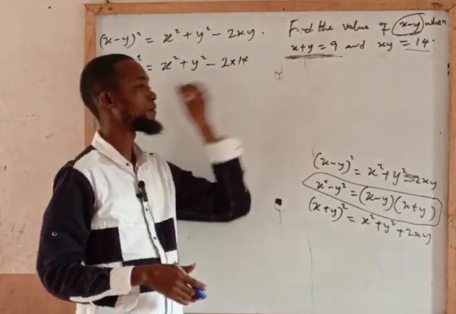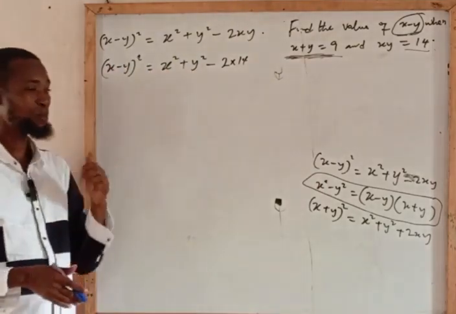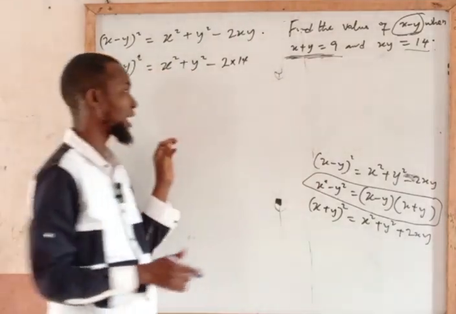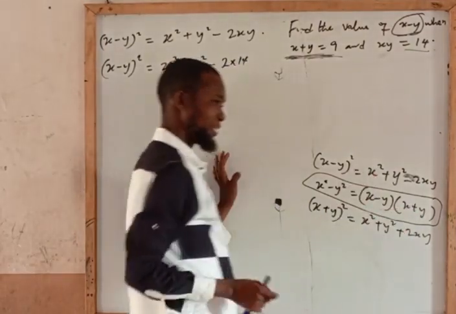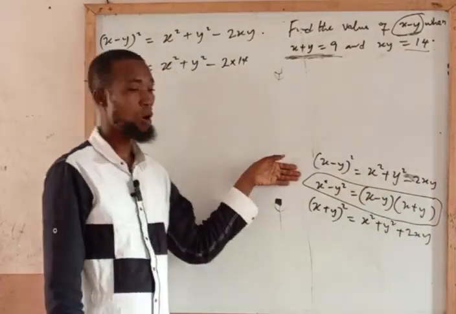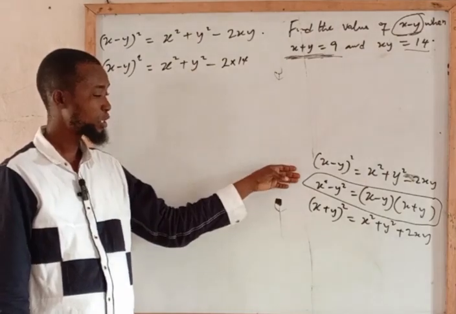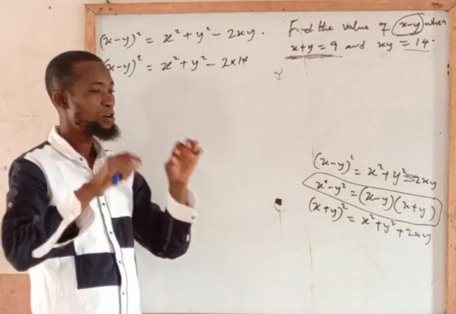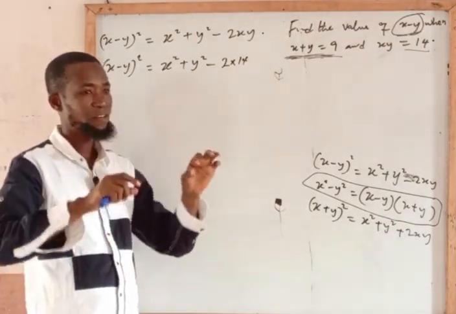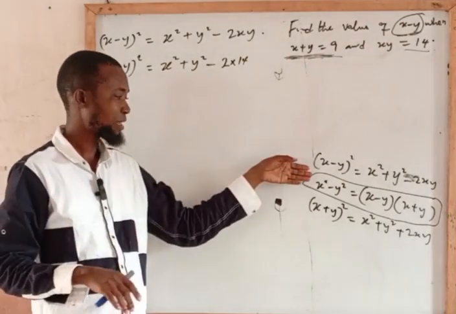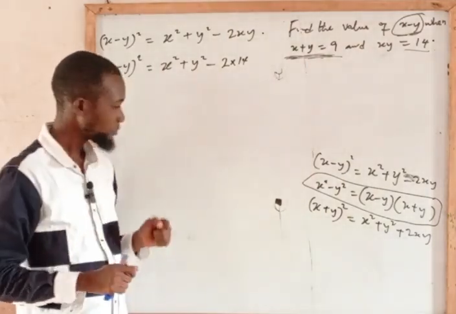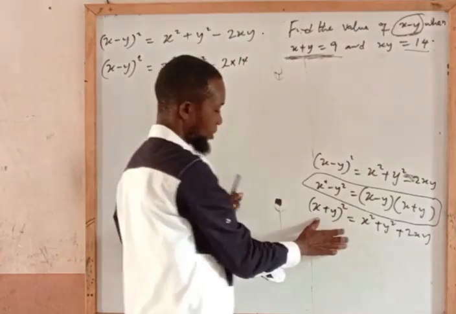From this, we can now derive our x plus y. Remember I told you the other time, don't make the mistake of referring to this one here, right? This one is used on one condition. And on what condition? When the given already forms the difference of two squares situation. So once we don't have that, don't ever think of using this one, right? So it is this one we are going to use.